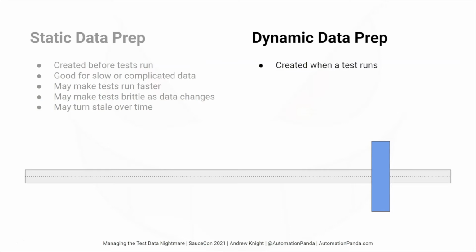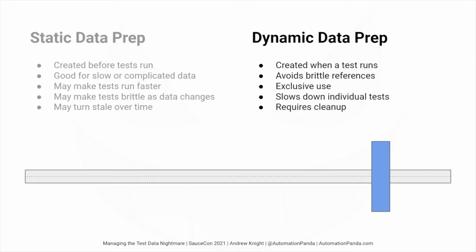Dynamically created records avoid the brittleness of hard references to static data. They can be used exclusively by the current test case, protecting them from interruptions by other test cases. The main downside of dynamic data prep is the execution time. It does slow down tests. Dynamically created data is essentially disposable too, so it should be cleaned up eventually.